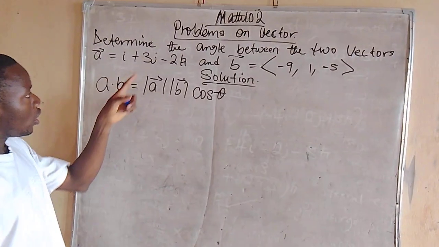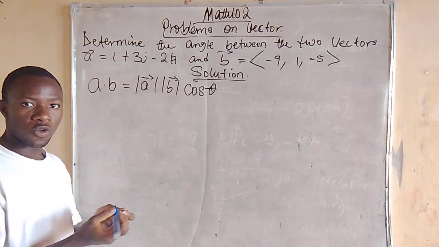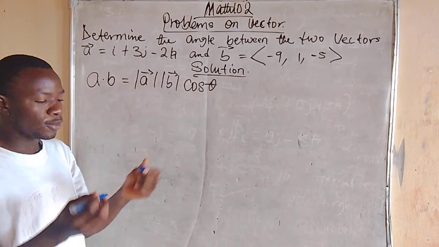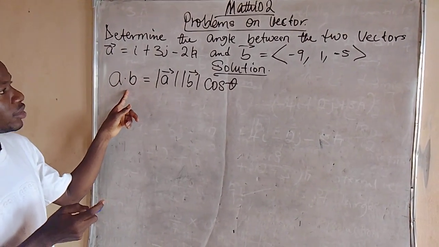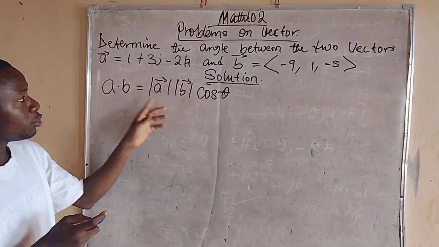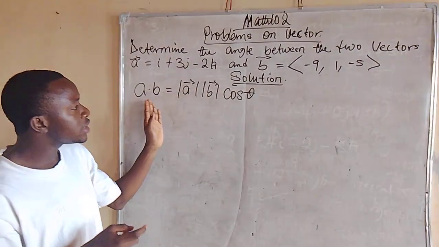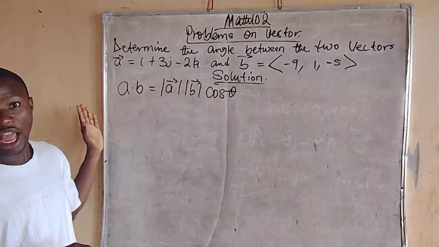What are we looking for? We are asked to find the angle, so it is this theta we want to look for. Now, how do we make theta the subject of the formula? Remember, the dot product of A and B is not given, and even the magnitudes are not given, but the values for the vectors are given. So everything we need to calculate the parameters in this formula is given.